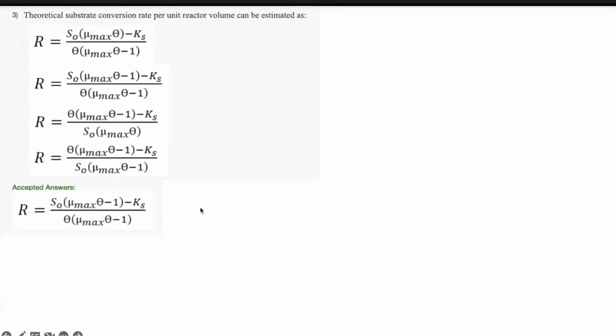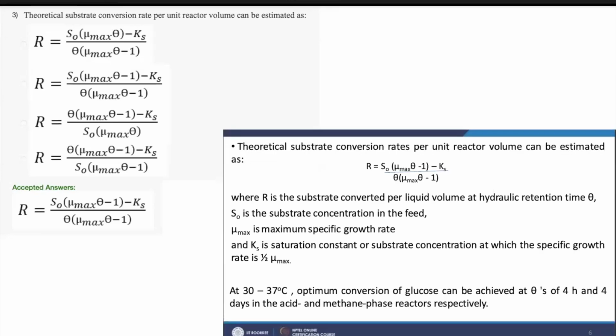So if you answered option number two, then you are correct. If you do not remember, I have given the exact slide where it was discussed. So the theoretical substrate conversion rate per unit reactor volume can be estimated as the following.